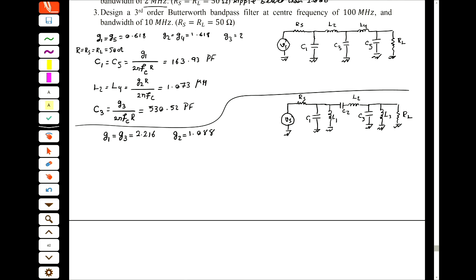So then the C1, what's the formula? I don't have it here.